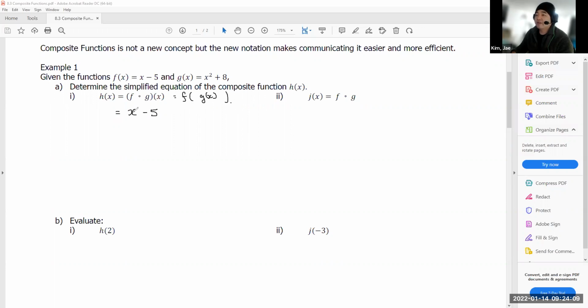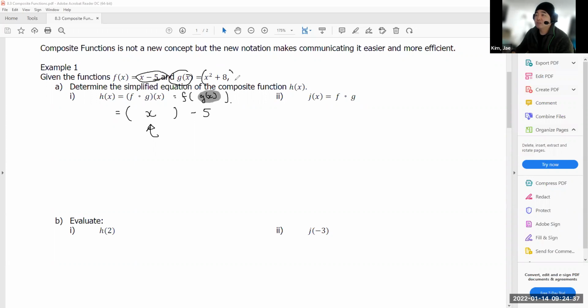Okay, so f of x is supposed to be x minus 5. That's right here. However, what is the x value for f? It is this value. This is supposed to be the x for the function. But instead of giving an actual x value, it gave me another function to input.